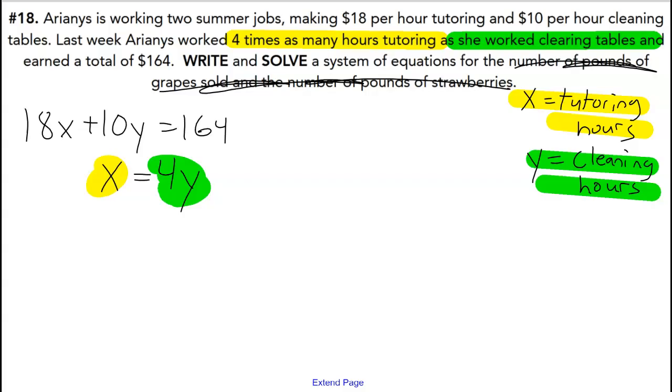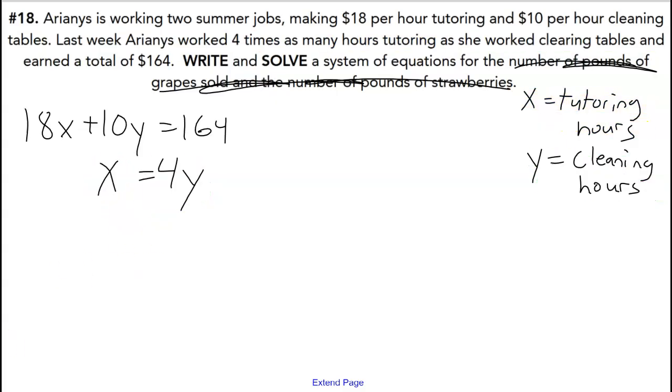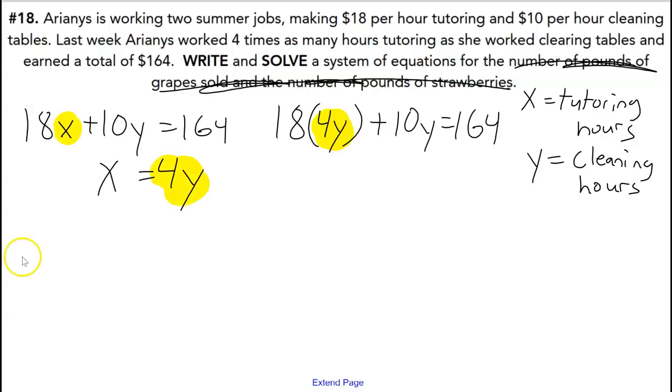Now, this one we're going to do substitution instead of elimination. We've got an x that's equal to 4y, and we're going to plug it in. So I got 18x plus 10y is equal to 164. So instead of x, I put 4y, so I have one variable.